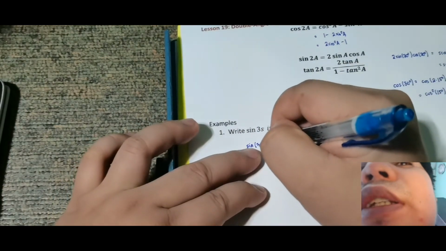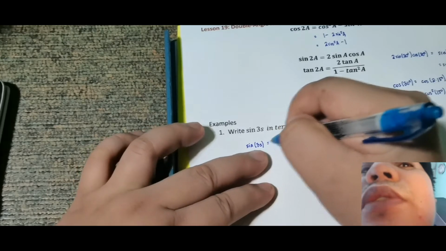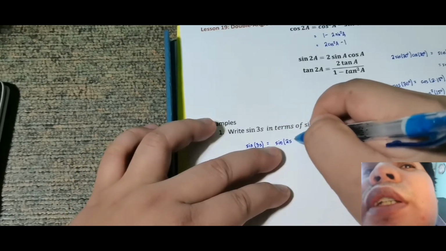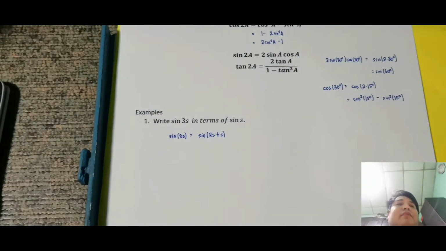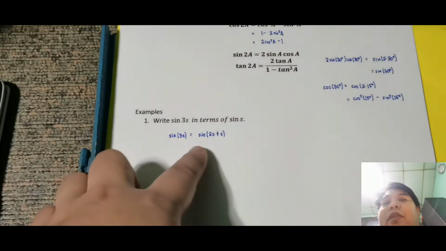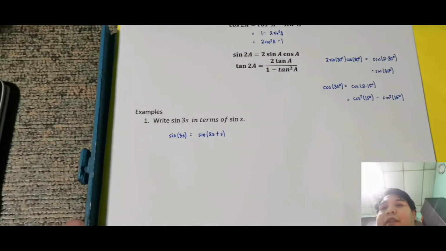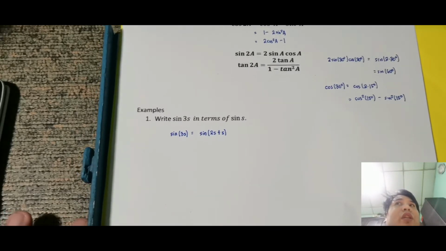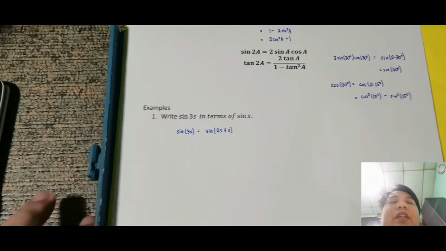Si sine 3s ay equivalent kay sine of 2s plus s. Okay, then using yung sum and difference identity, pwede tayong mag sine ng a plus b, so that is sine a cosine b plus cosine a sine b.